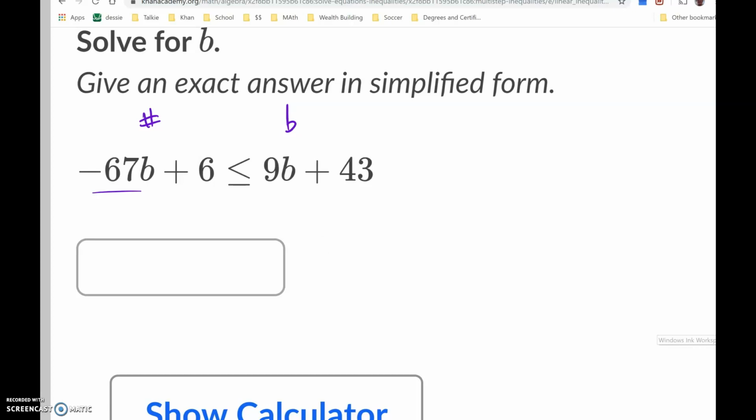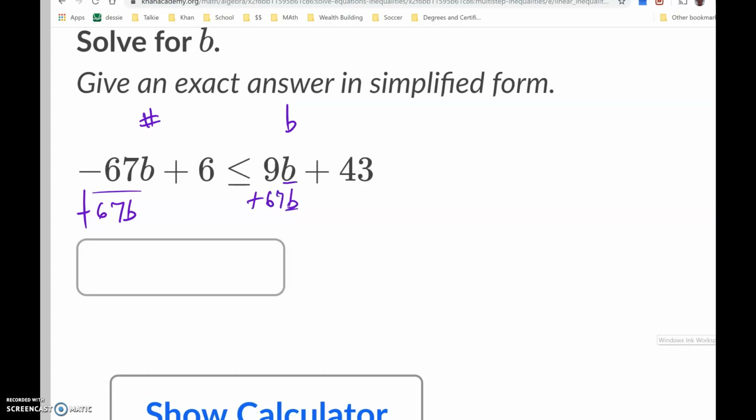To eliminate it, we want to get it to 0, so we've got to add. So we're going to go ahead and add 67b, and whatever I add to the left expression, I must add to the right. I'm going to write it vertically, under this term specifically, because I know that I can combine these.